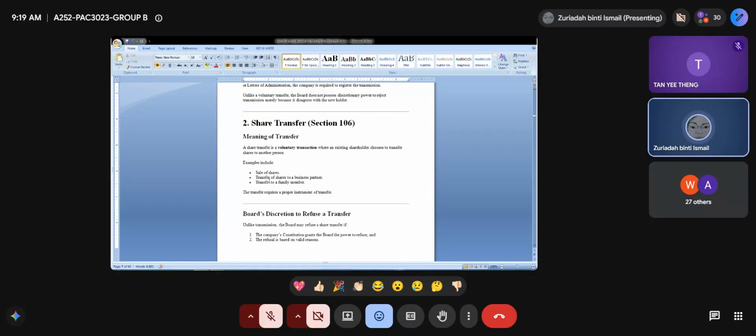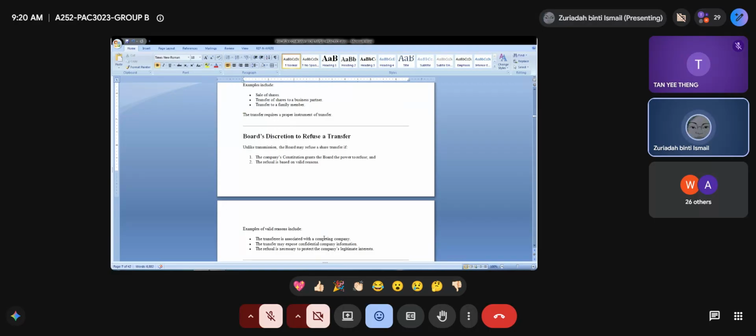The board can refuse or reject the transfer if the company constitution grants the board the power to refuse, and that refusal has a basis, a valid ground or valid reason.